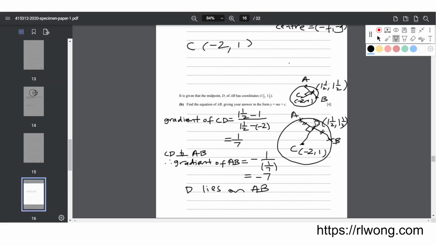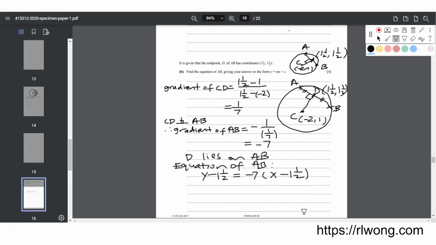Okay, coming back to this, we know that D lies on AB, so D is a point on the line AB, right? So for the equation of AB, we'll use this formula, y minus y1, so y1 I'll use 1.5, equals m, which is -7, x minus x1. Okay, next let me simplify this.